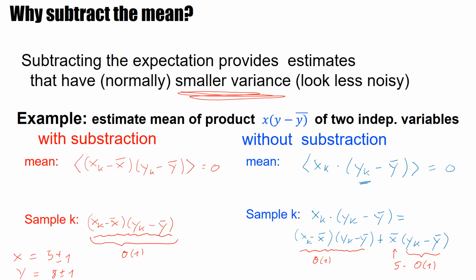So overall I've added a random variable which is in the range of plus 5, minus 5, plus 4, minus 4, so maybe even sometimes plus 7, minus 7. They will all average out to 0. But each individual sample now has much larger amplitude. So this just adds noise for the total evaluation.